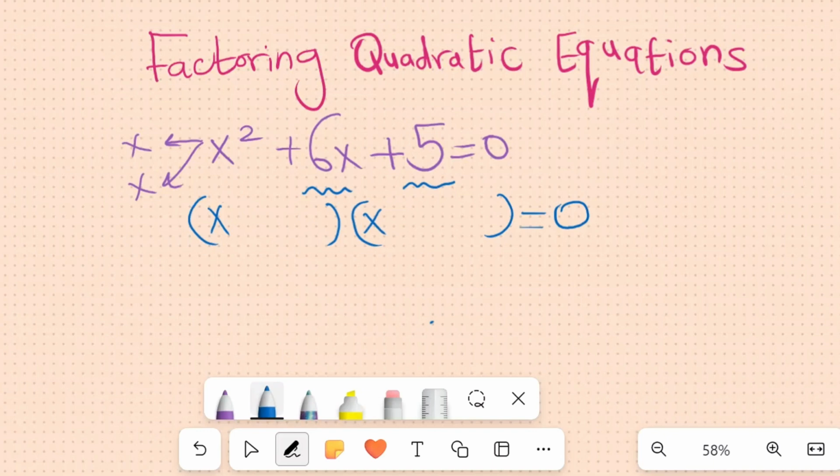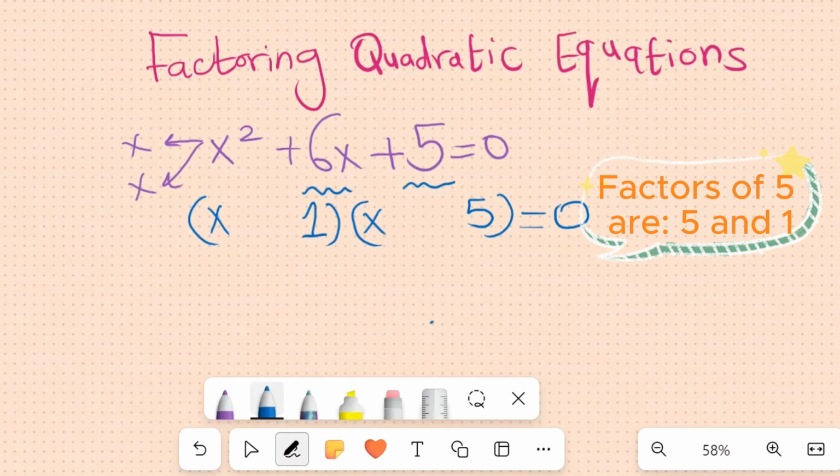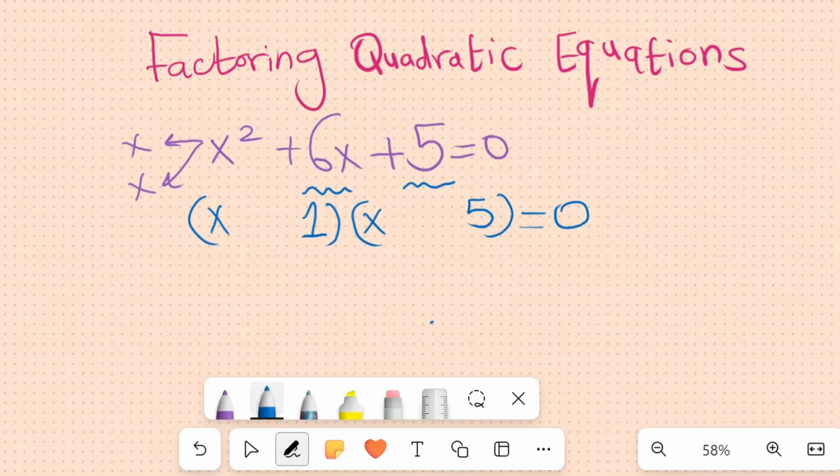Now we're going to find two numbers that multiply to 5, and since 5 is a prime number, we're going to write 5 times 1. It just has two factors, which are 5 and 1. And also, we need to make sure that 5 plus 1 equals the middle term, which is right. 5 plus 1 equals 6, which is the number in the middle term.